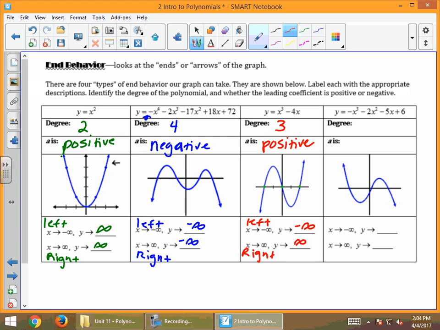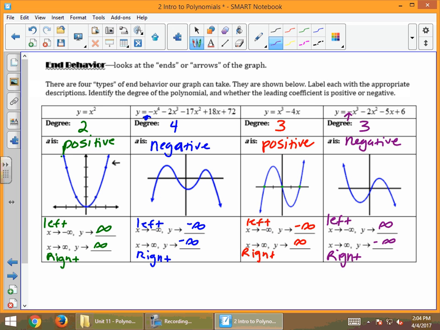What's the degree of this fourth one? So it's 3. And is it a negative function or a positive function? Yeah, there's a negative out in front. So on the left side, it's pointing up towards what? Good, positive infinity. And on the right side, good, pointing down towards negative infinity.